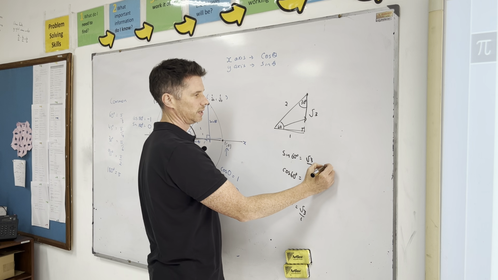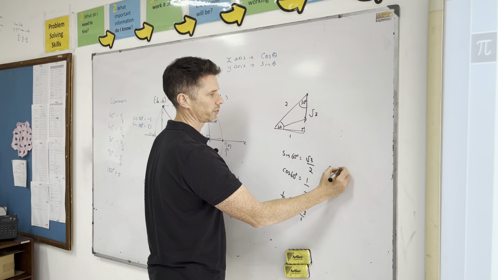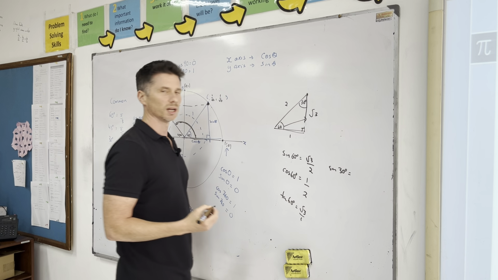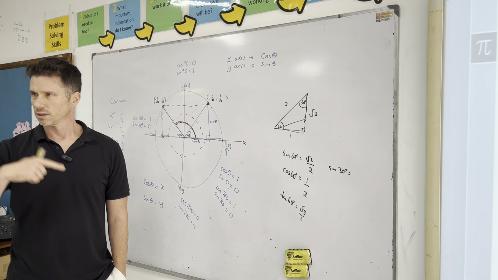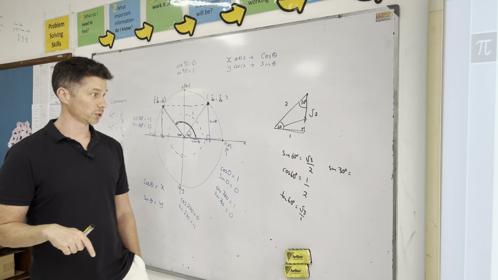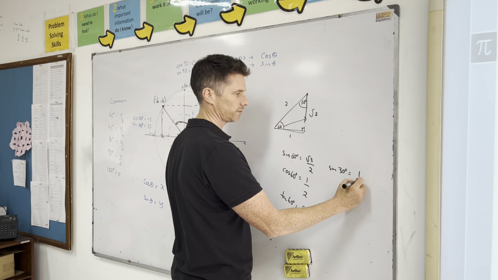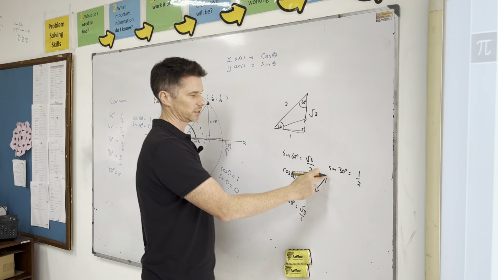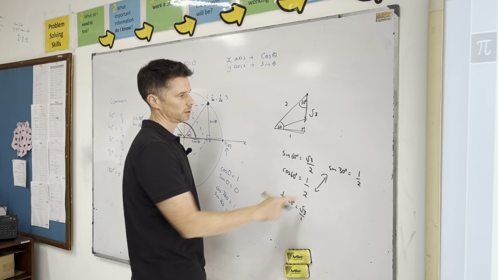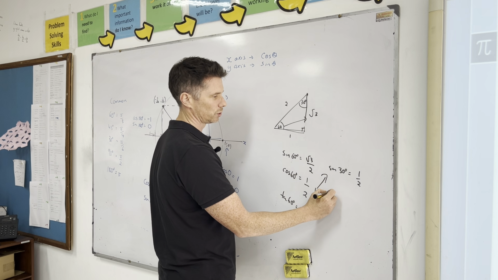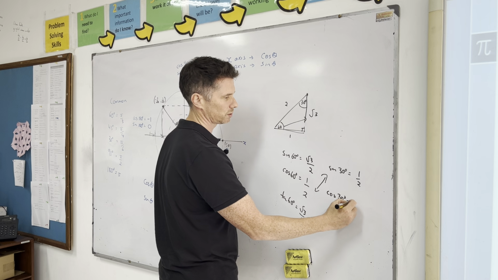And then the sine of 30 degrees, we start to realize the symmetry of these two. It happens to be a half, which is the exact opposite to 60 degrees. And the cosine of 30 degrees is root 3 over 2.